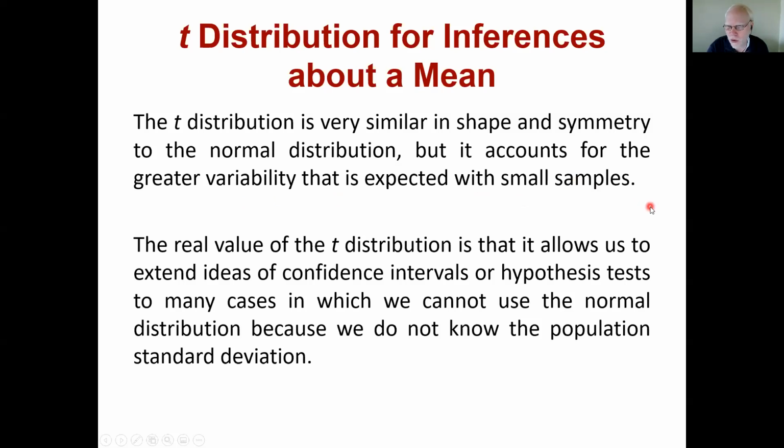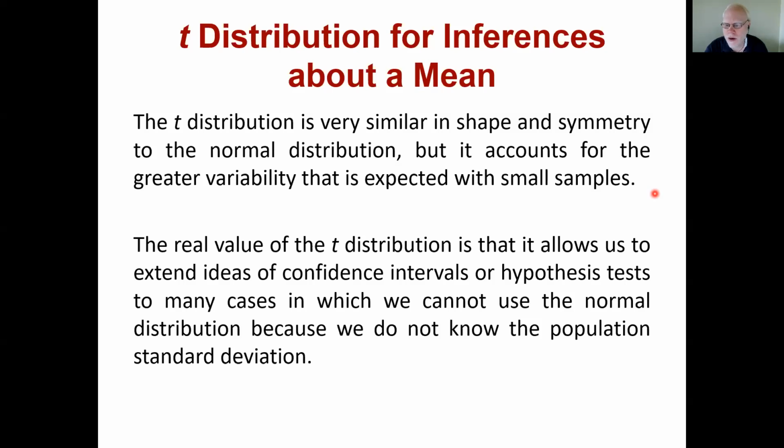When we're dealing with small sample sizes, we expect more variability. With larger sample sizes, we're more confident that the sample mean and sample standard deviation will be close to the population mean and population standard deviation. With smaller sample sizes, we expect both of these sample characteristics to potentially vary.